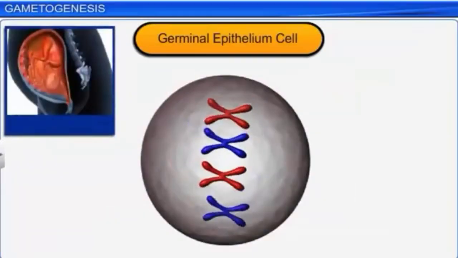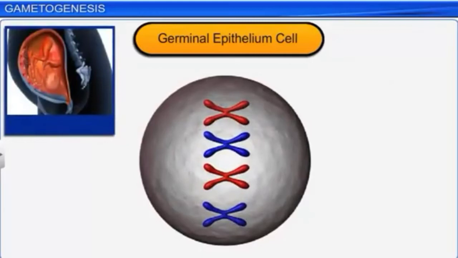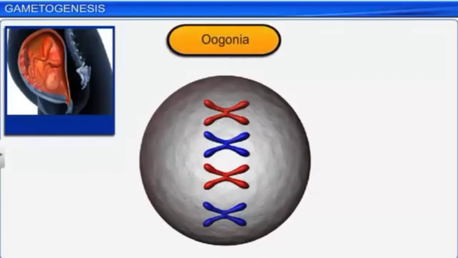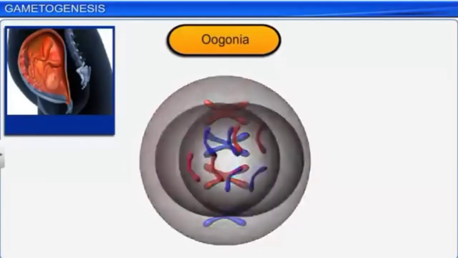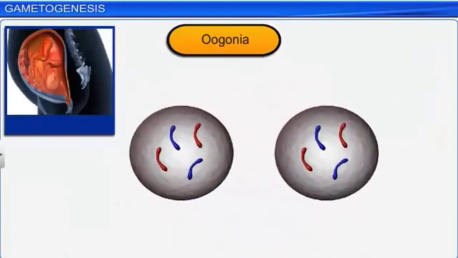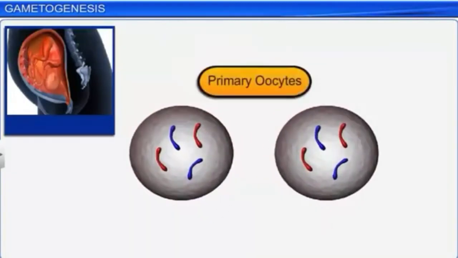While spermatogenesis occurs at puberty, oogenesis is triggered before a woman's birth. The germinal epithelium cells in the ovary of the fetus divide mitotically to form gamete mother cells called oogonia. A few oogonia divide again to form two immature cells called primary oocytes.